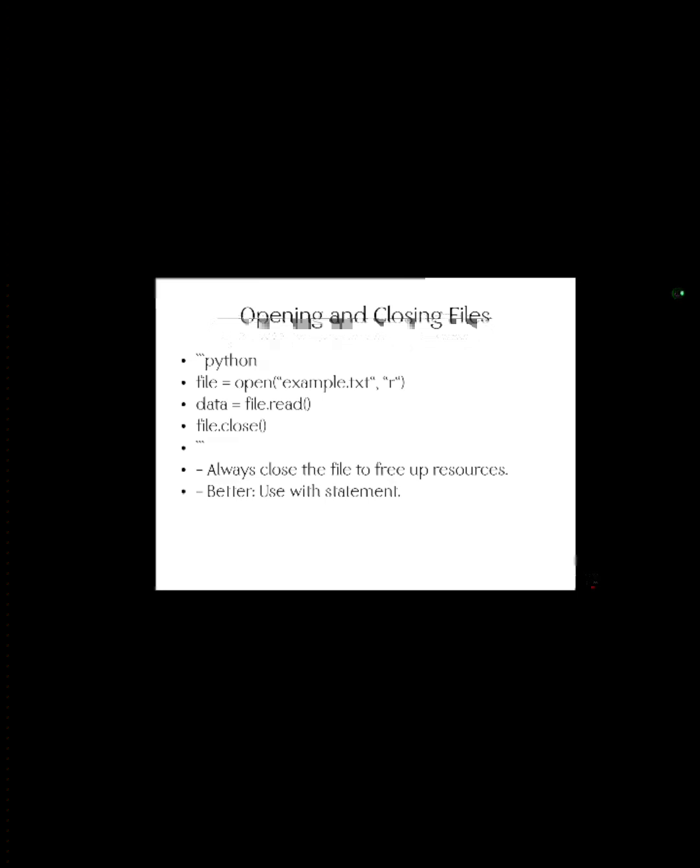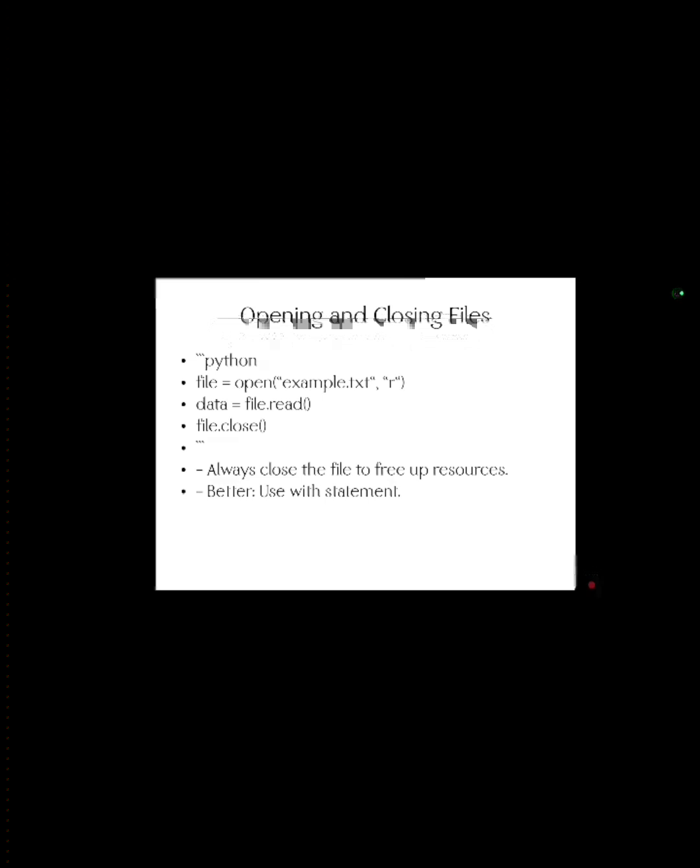So now let us discuss closing files. Closing a file is essential to ensure that all resources used by the file are properly released. So we used .close as the function. It closes the file and ensures that any changes made to the file are saved.